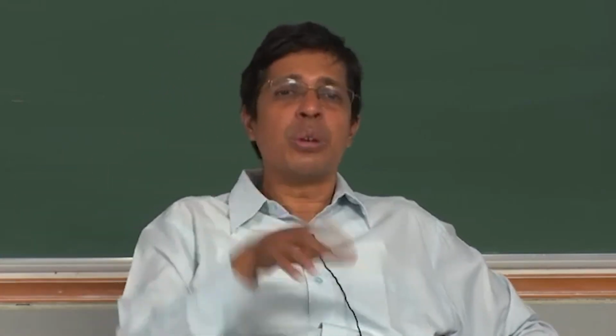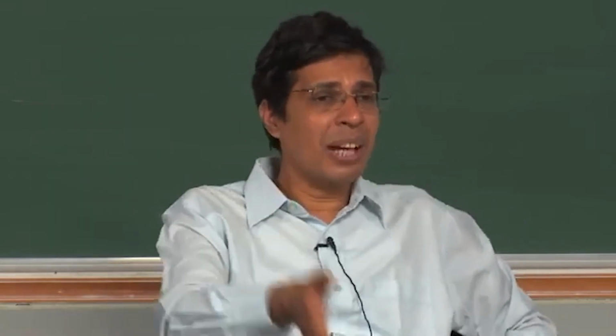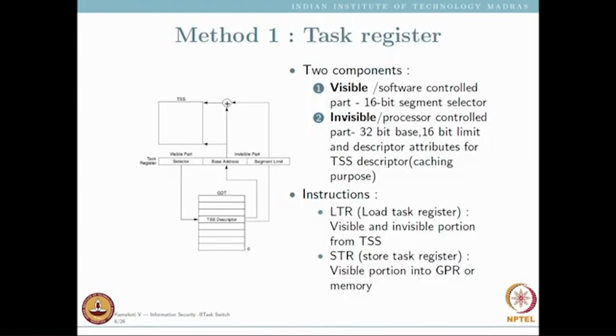Okay, so this gives, without doing all this task switching, which is a very bad thing, correct. I have to do so many things to get this task switched. I have to go to one task gate, then to one TSS descriptor, then to the TSS, and then from there store everything currently, load the new thing and then start.